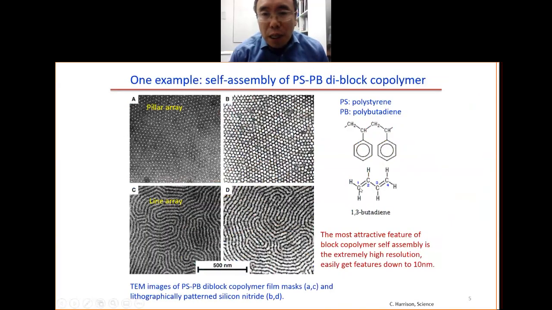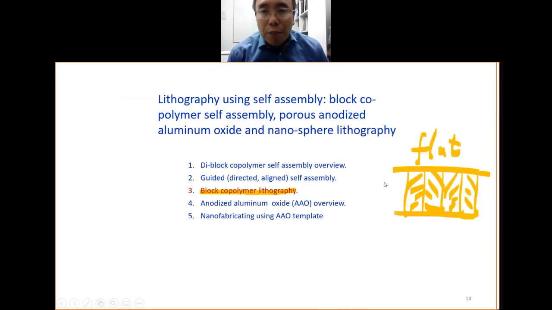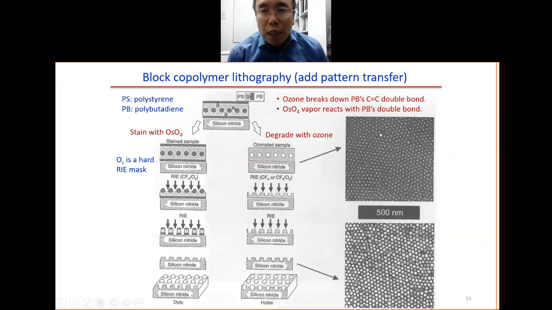This double bond is used to form the backbone polymerization. They have this double bond on the side chain. And this double bond will be broken by the ozone. Then it will be vaporized. You form this void. Then you do the pattern transfer. You get the hole pattern.